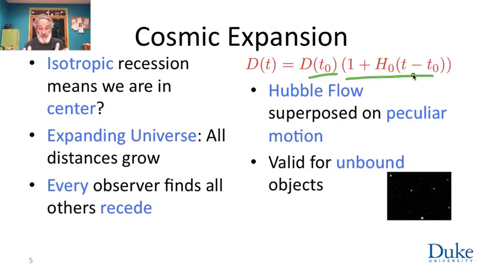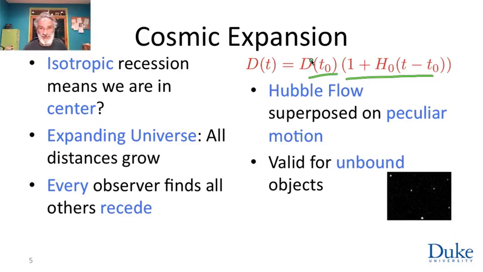Oh, yeah, the speed of recession is H times d. Now, this is valid both into the future, and of course this didn't just start happening now, so it's valid into the past. If t is less than t0, if you're looking into the past, then this is a negative number. Distances in the past were smaller than they are now. Fine, if everything is receding, that means everything used to be closer together.